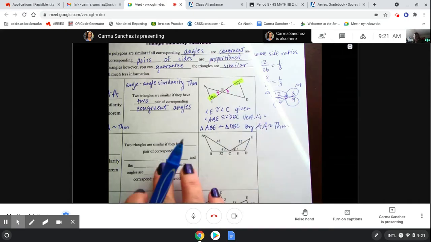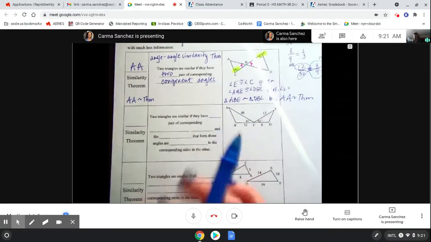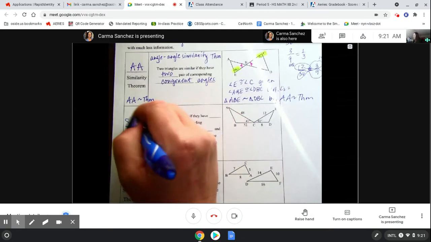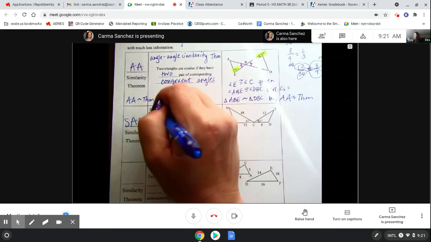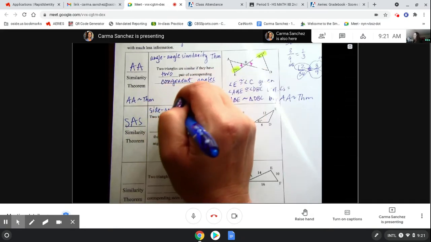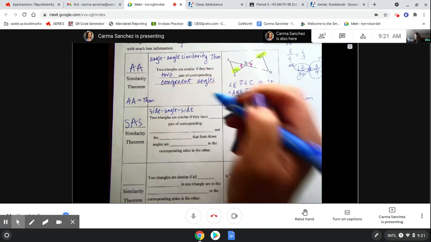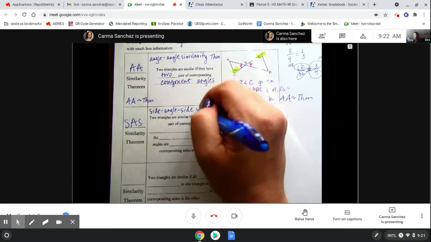All right, let's go look at the second postulate here. The second one is called side angle side similarity theorem. And this one says, hang on, let's write it all the way out.